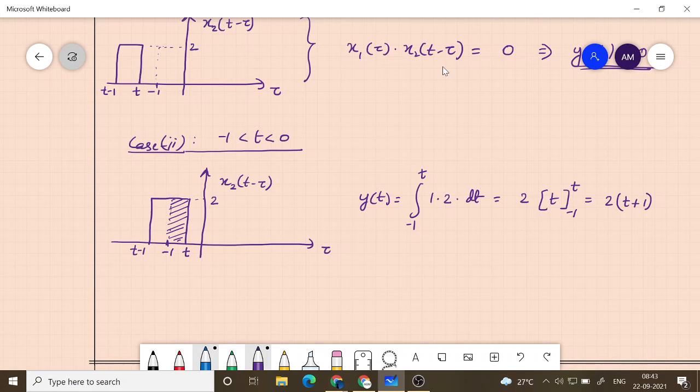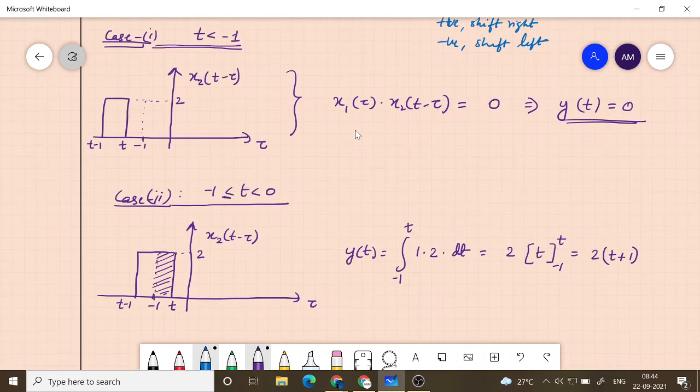When the shift amount is -1, this will become 0. There will be no overlap. So this is valid for t greater than or equal to -1. When I put t equal to 0, I will get the overlapping region as 2. Why?